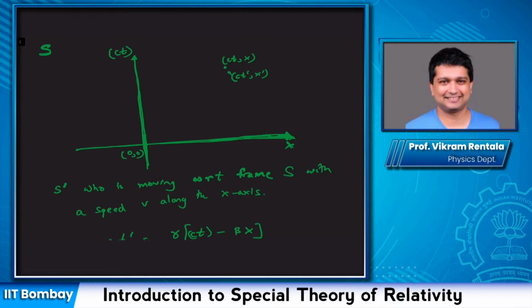Of course, we know mathematically how to relabel this point using our transformation equations, but what we would like to do is figure out a pictorial or graphical way in which we can figure out what the coordinates of this point would transform to according to the observer S prime.